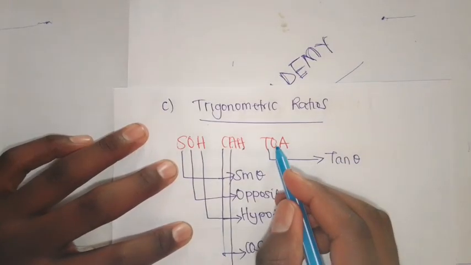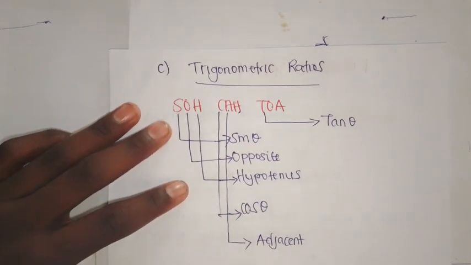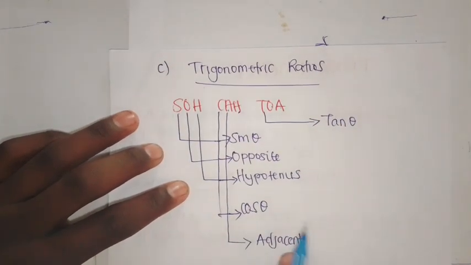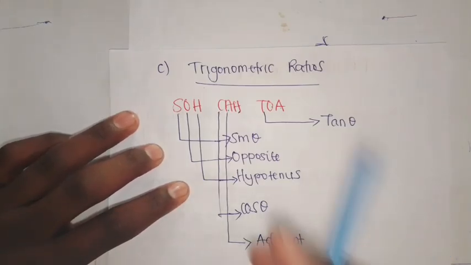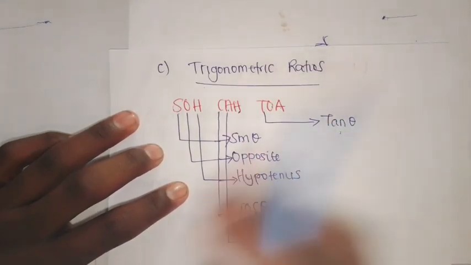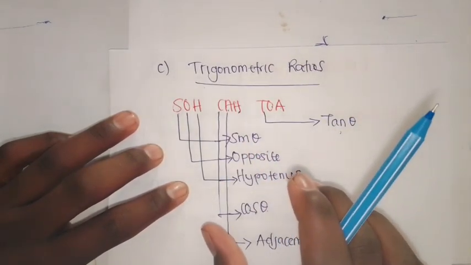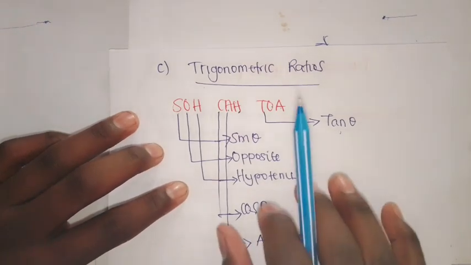This is opposite, then this is adjacent. So you need to master these. Don't worry if you don't know cos theta, sine theta, tan theta. These are trigonometric ratios. You're going to understand, don't worry.